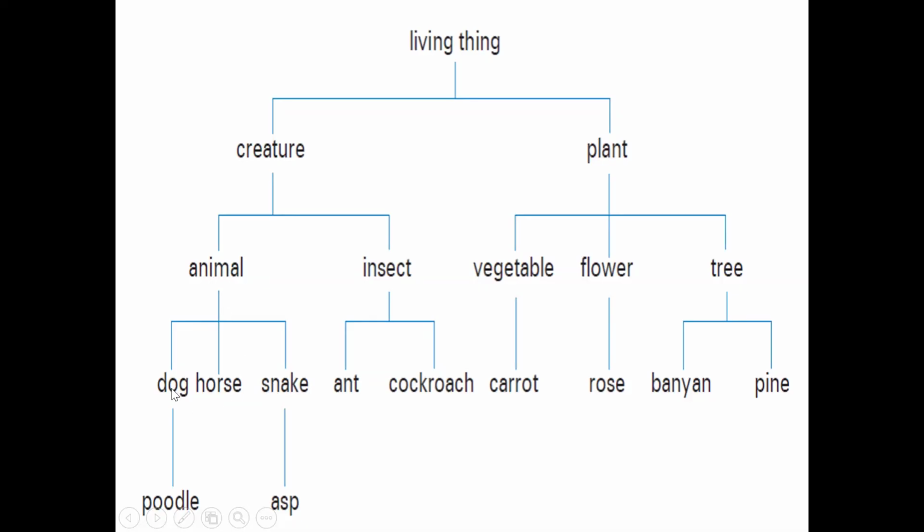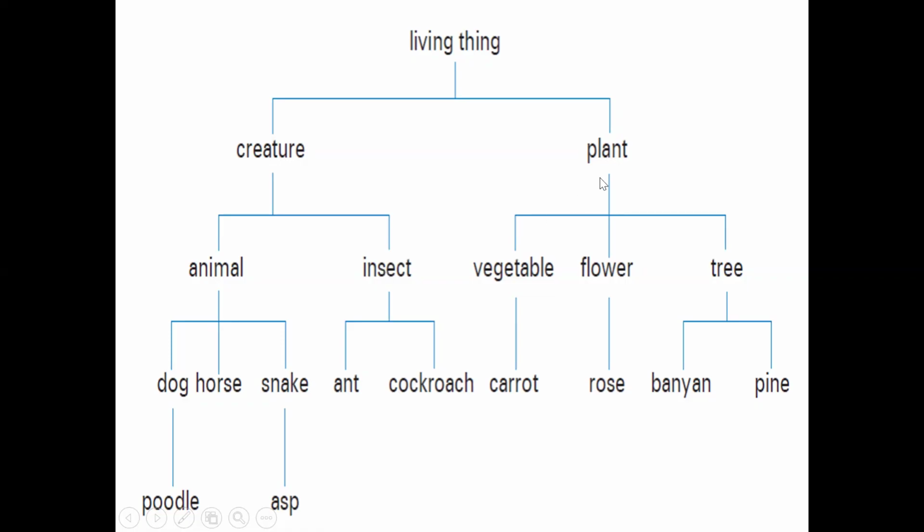So dog, horse, and snake are called co-hyponyms. The same thing happens to the term insect. Insect is the co-hyponym of the term creature, but it becomes superordinate for the terms ant and cockroach. So ant and cockroach are considered as co-hyponyms because they share the same superordinate insect.